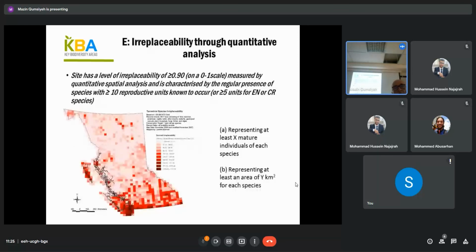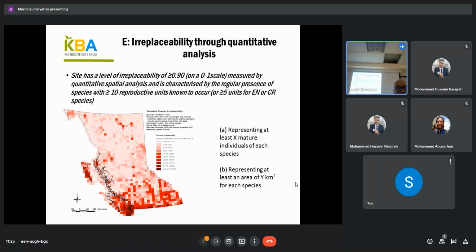And the last one, irreplaceability through quantitative analysis. It's also a very difficult criterion to apply, and you have to prove that this area contains species or ecosystems, many species you cannot find anywhere else.